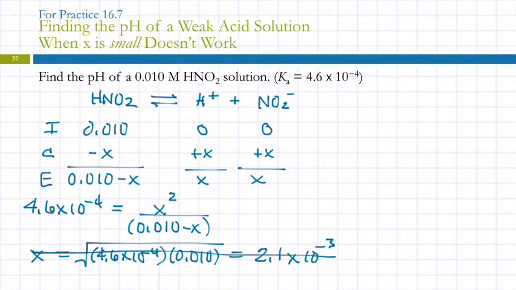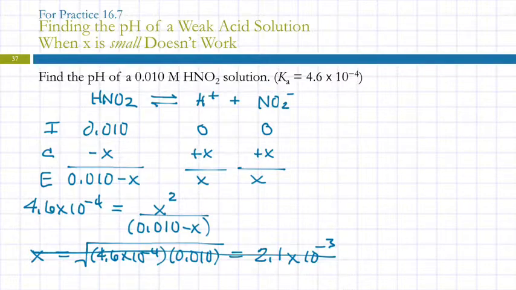What do we do? Well, use your solver. I've got the TI-30X, 36X Pro, and I just type this in as it's shown there. 4.6 times 10 to the minus 4 on one side, X squared divided by the quantity 0.01 minus X. Close the parentheses, tell it to start at 0, and solve.